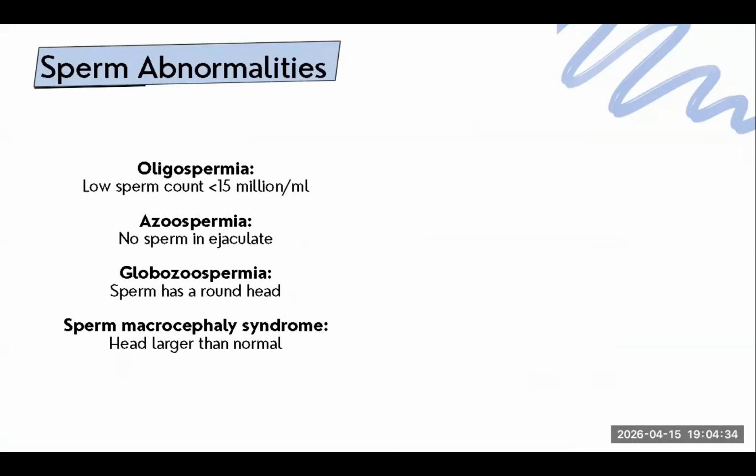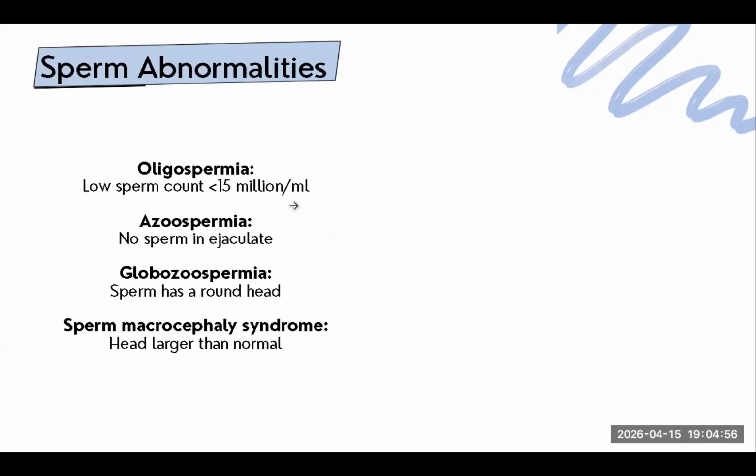Now let's talk about some sperm abnormalities. The first one is oligospermia. You guys should know this by now. And it simply means a low sperm count of less than 15 million sperm per milliliter. Second definition is azoospermia, which means there's no sperm in the ejaculate.